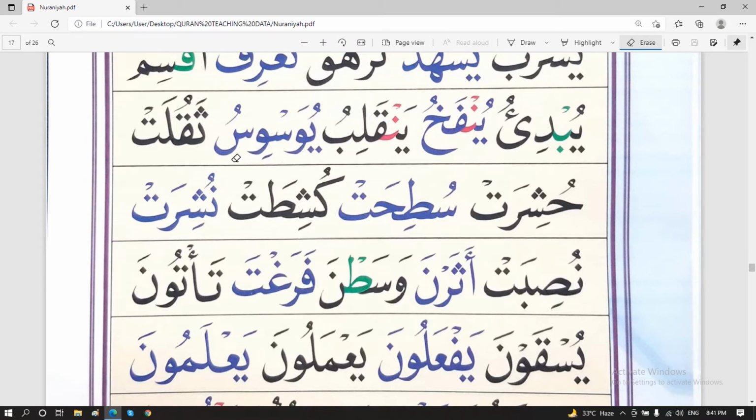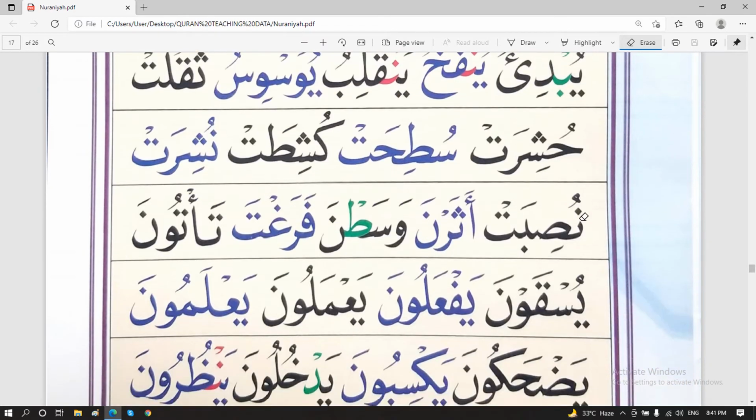Whistle sound, sin. ثا ثا without whistle sound. ثا فتحة ثا قاف ضمة قو لام تا فتحة لت ثقلت. يبدئ ينفخ ينقلب يوسوس ثقلت. Next: حا ضمة حو شين كسرة شي را تا فتحة رت حشيرت.